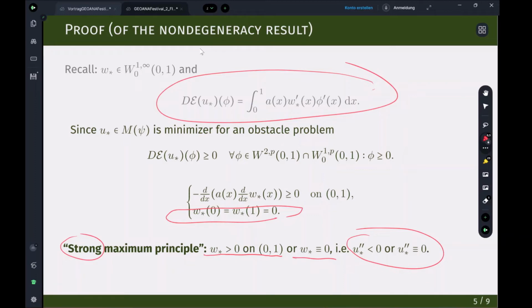As much as we know about the strong maximum principle, it's maybe only applicable to pointwise solutions. If you repeat the standard proof of the strong maximum principle, it is maybe only applicable to more regular settings, where this W would have to be in C2, which is actually not true for those obstacle problems. So we really have to be careful here.